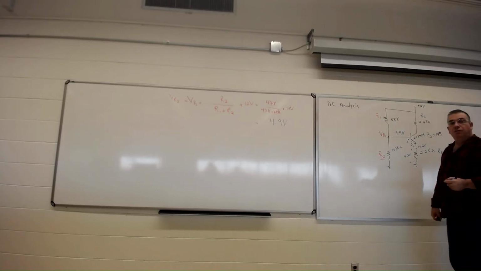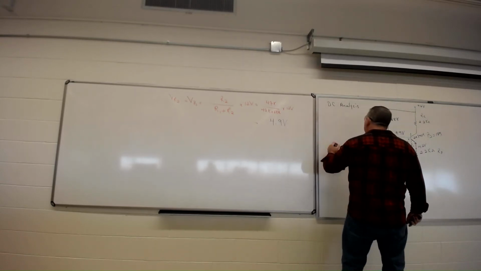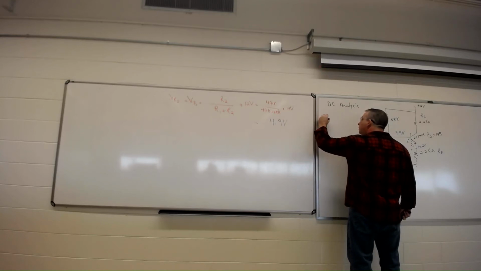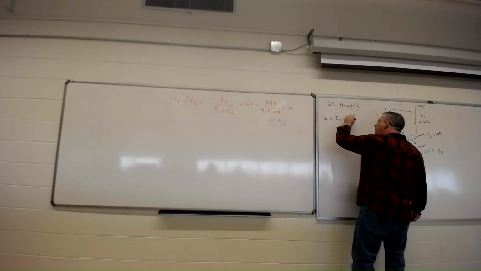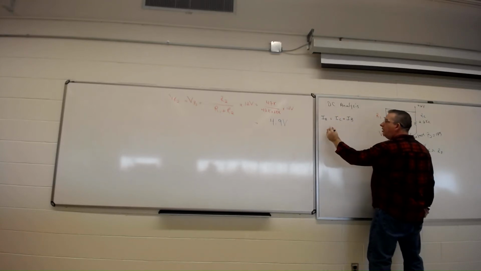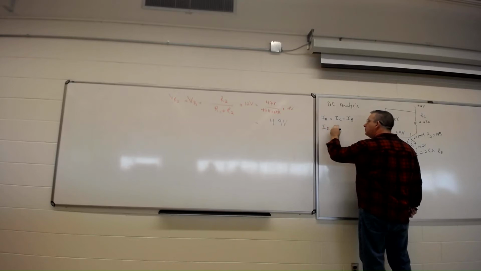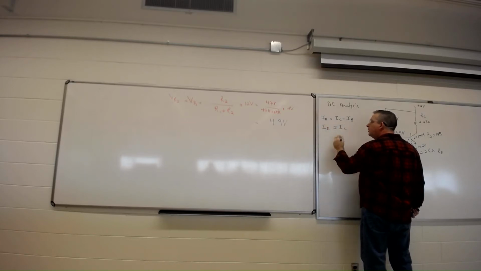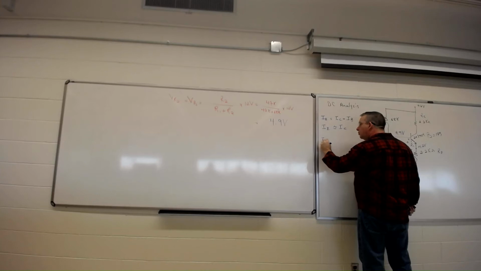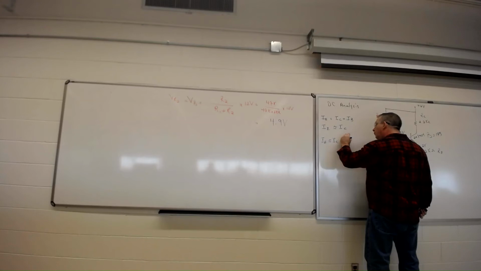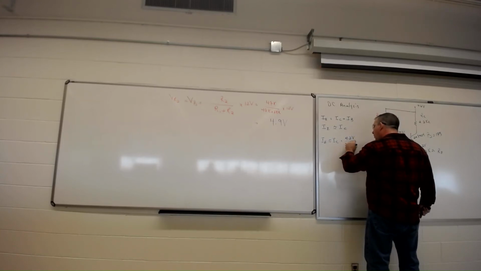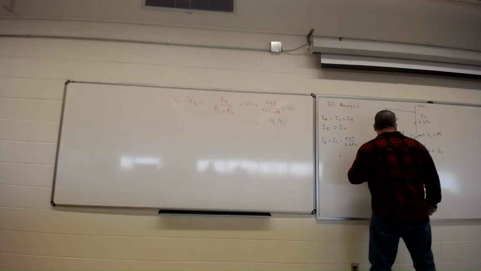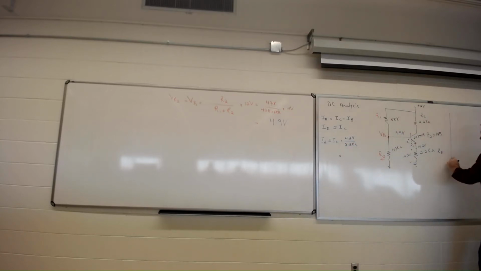With that, we can find the emitter current, IE, which is equal to IC plus IB. Because IB is so small, IE is almost equal to IC. So IE, almost equal to IC, is equal to 4.2 volts divided by 2.2K, and that gives us our current coming down this way.